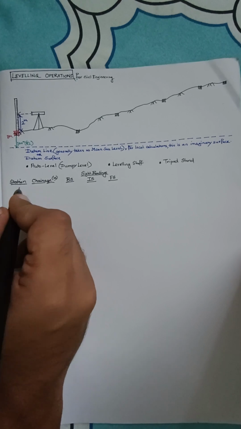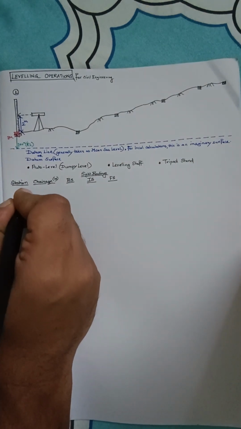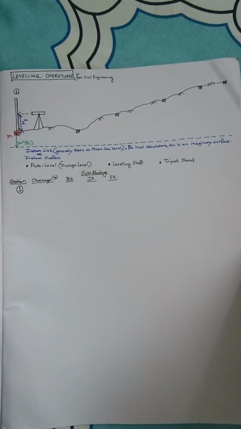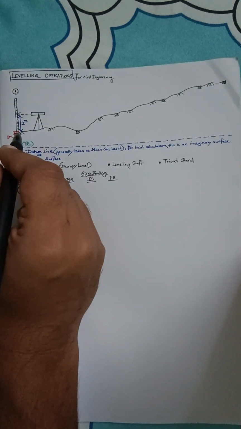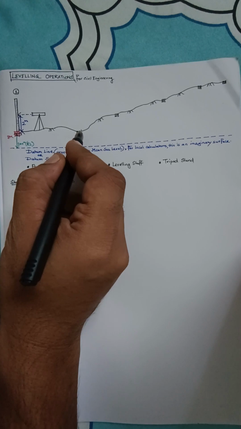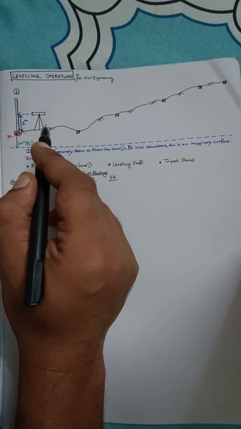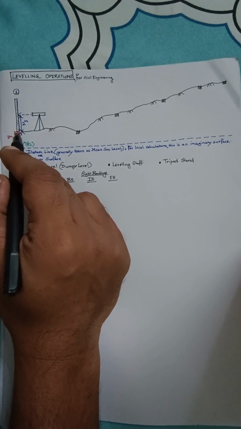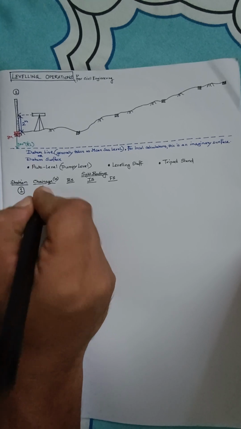All right. So this being the first station, station number 1, we are currently standing at station number 1. Right at this point, our chainage, which means how much is this distance from the starting point, since this is the starting point, will obviously be 0, because we are right at the 0 point.